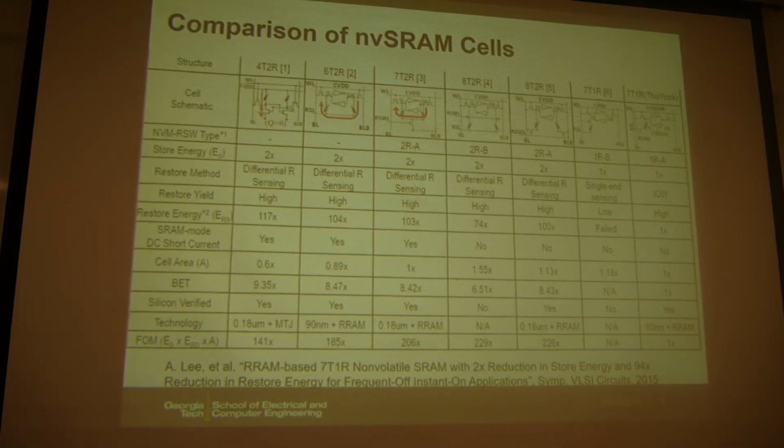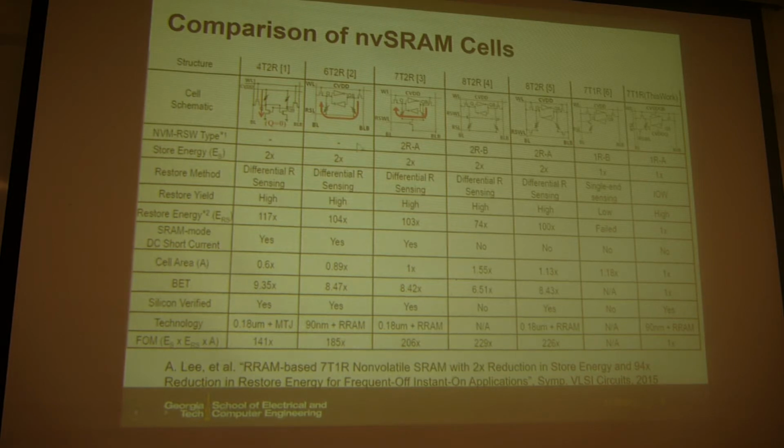Of course, this resistor can be RRAM, phase change, or STT. They have some subtle differences in terms of the resistance and on-off ratio, but in general, you can have those kinds of designs. I'm not going to go through the table of this one, and if you're interested, you can read this table and take out the differences.